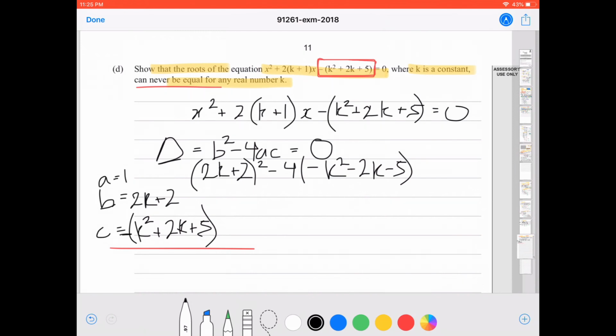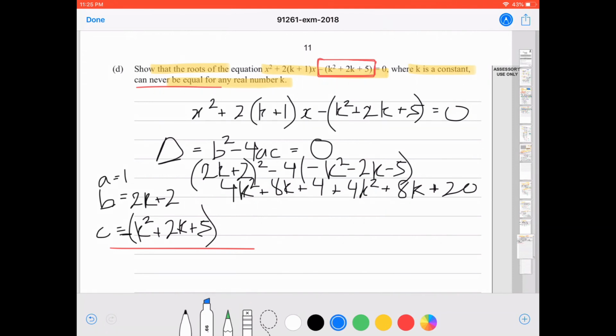Okay. So we had 4k squared plus 8k plus 4, and then plus 4k squared plus 8k plus 20.